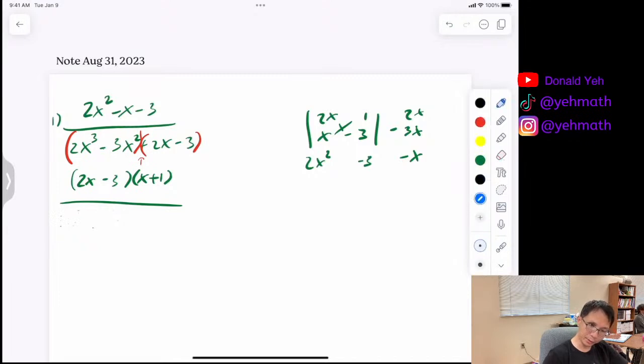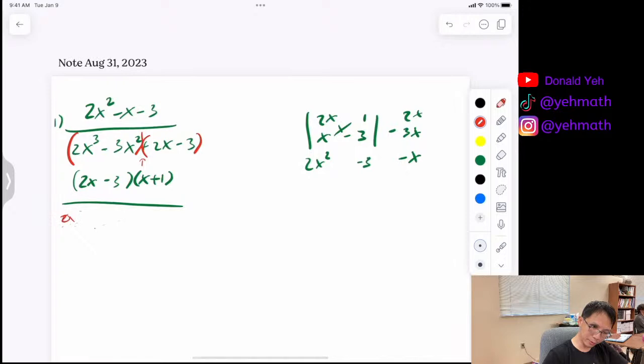So x squared, and 1. I can factor out 1 here. What do I have left? 2x minus 3, and the 2x minus 3. Hopefully you see that.